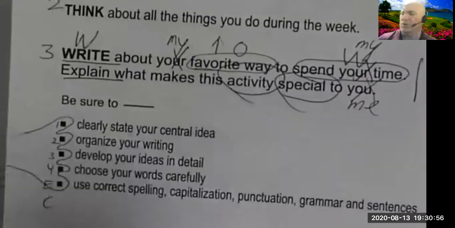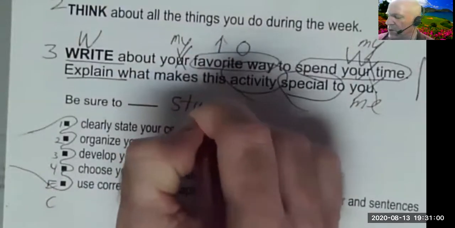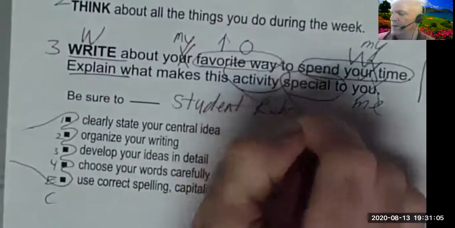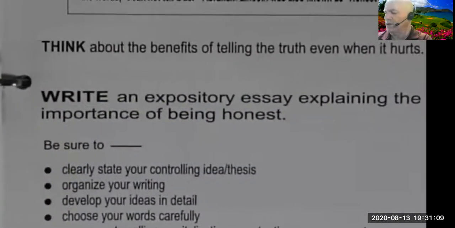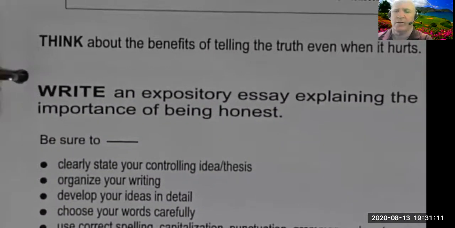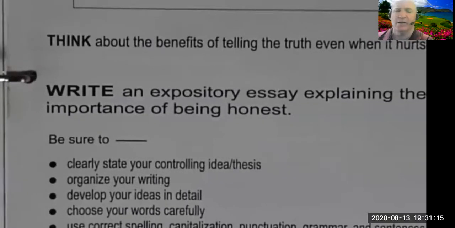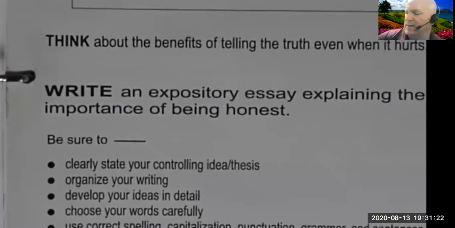Okay, so basically this part right here, students, is called a student rubric. Okay, and it doesn't matter if you have an elementary one or a secondary one like we have on page 7 of my daily detailed expository and editing lesson plans.